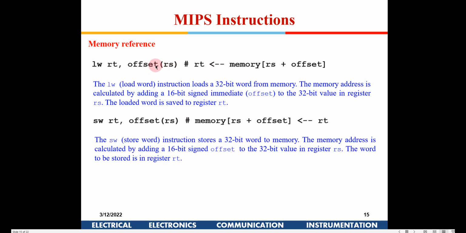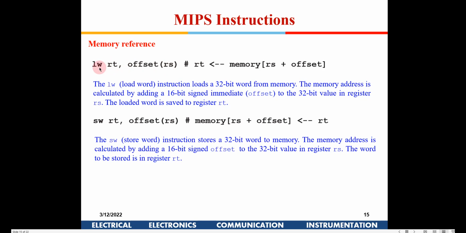The CPU loads 32-bit data from a memory location calculated by adding the 16-bit offset you have given to the 32-bit information available in the RS register.